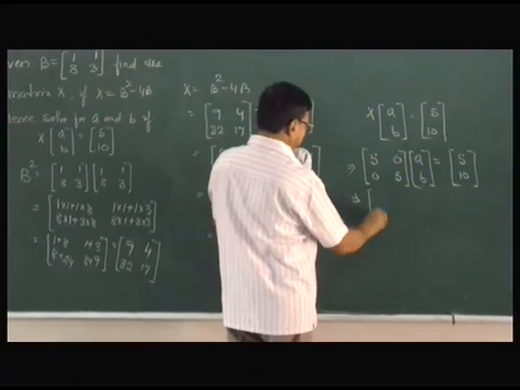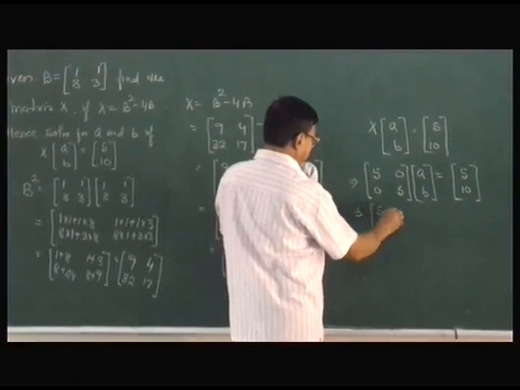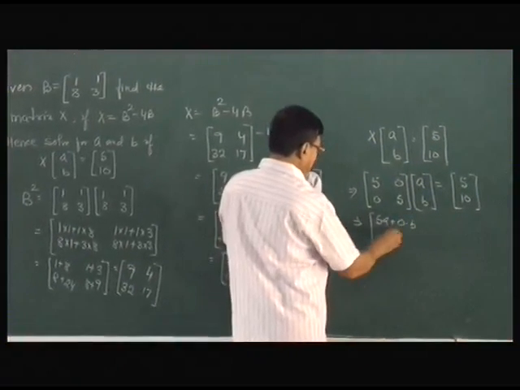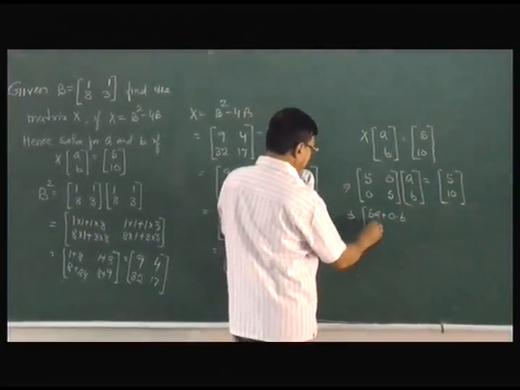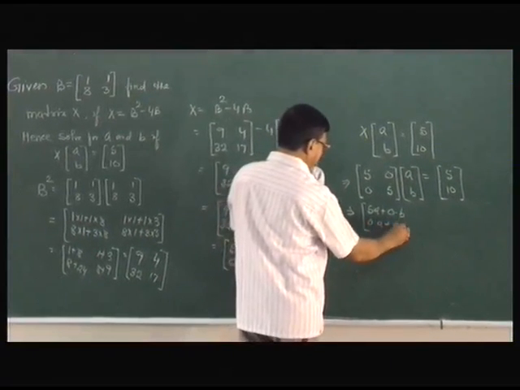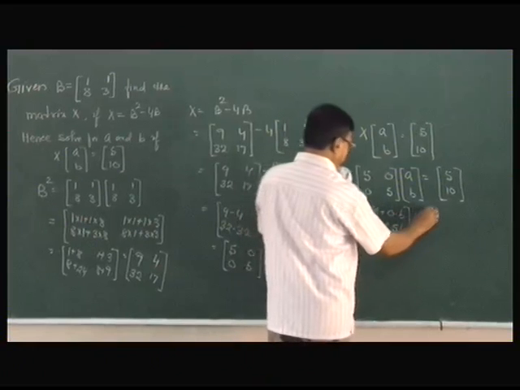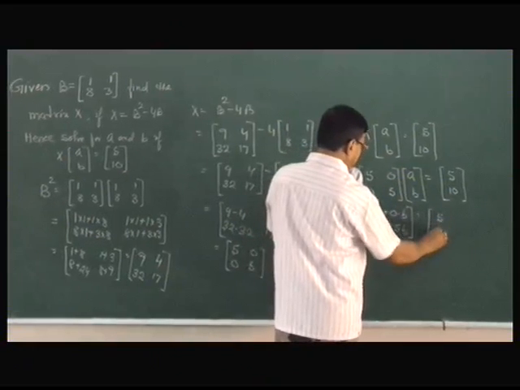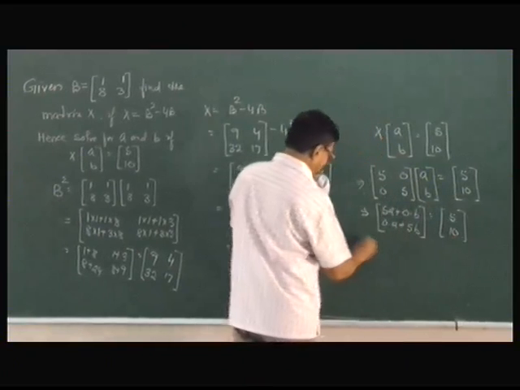So multiplying 5A plus 0 into B, here 0 into A plus 5B is 5 10.